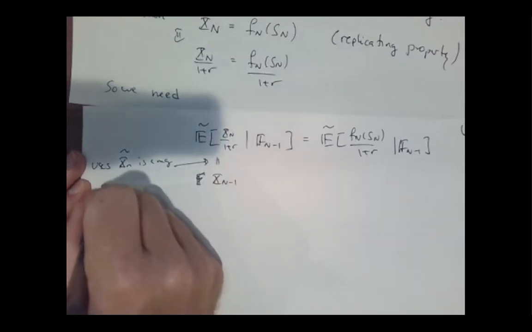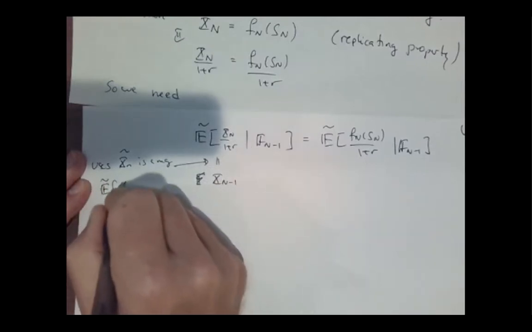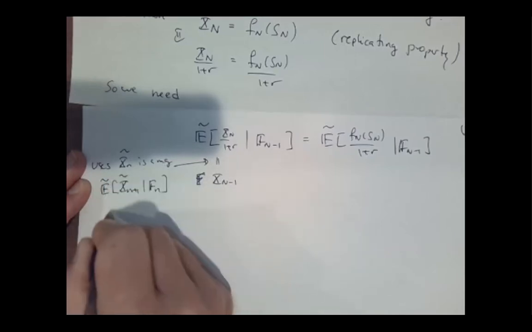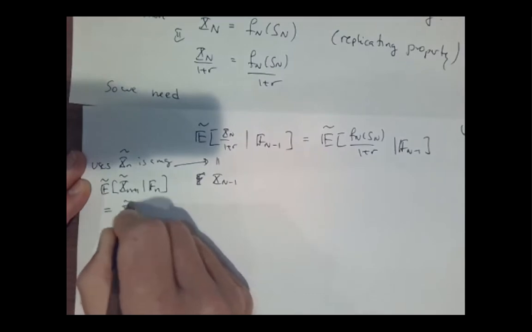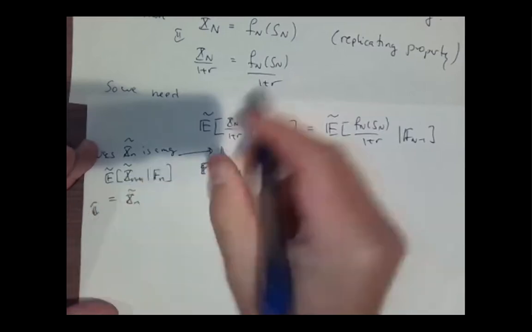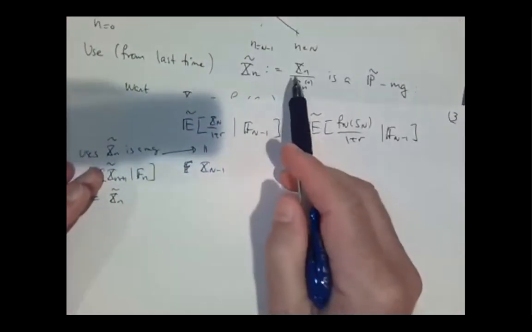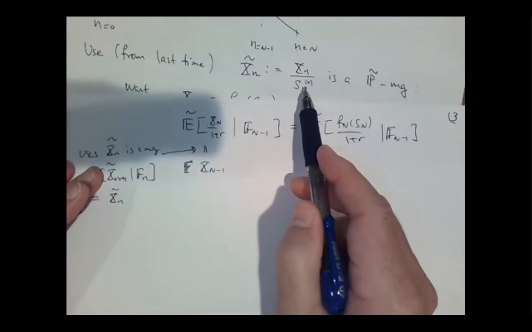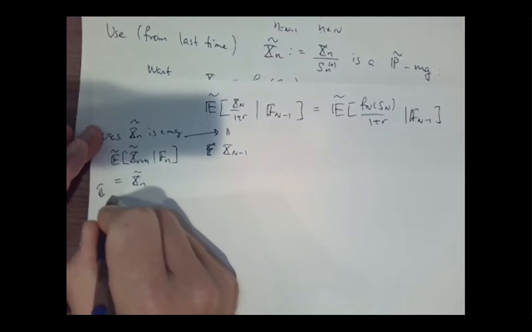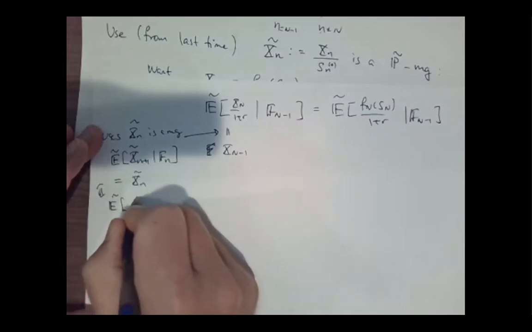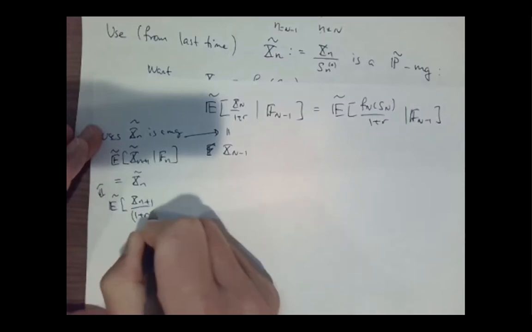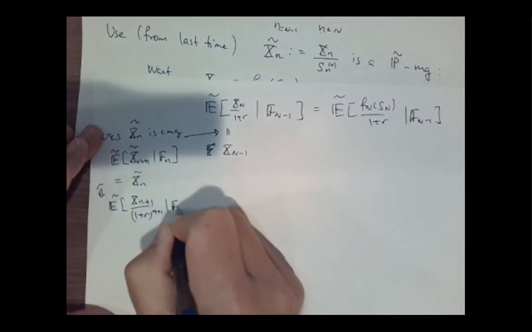Well, the way that you do it is you say that the conditional expectation of Xn plus 1 given Fn, with the tildes on top, is exactly Xn tilde. And now you use the definition that this is X divided by the bank. This here is the expectation under the tilde measure of Xn plus 1 divided by 1 plus r to the n plus 1 given Fn.